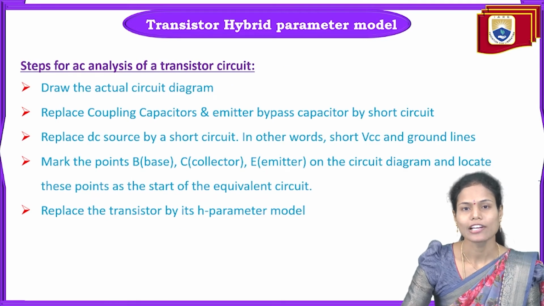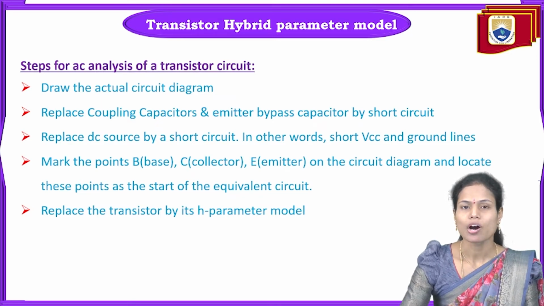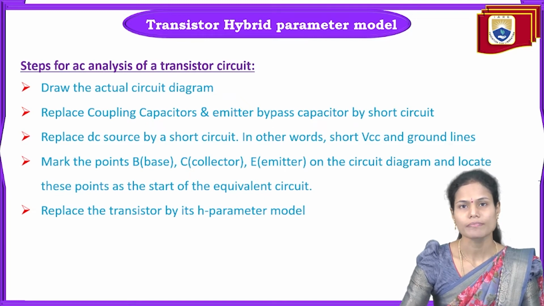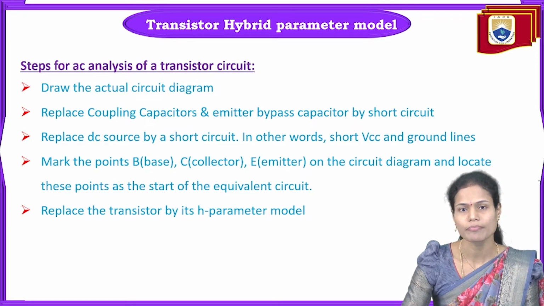For calculating those parameters, first of all, we have to go with the AC analysis of the given circuit. How can we perform that AC analysis of the transistor circuit? First, we have to draw the given or actual circuit diagram, which may be in any configuration: common emitter, common base, or common collector.